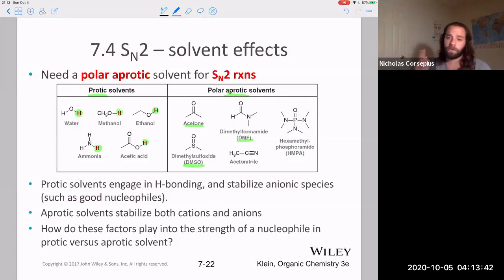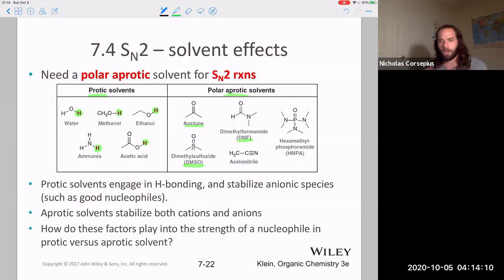And DMSO in particular. The reason is that DMSO looks a lot like acetone when you're first looking at it, until you remember that sulfur and carbon aren't in the same column on the periodic table. So if you go through and do the Lewis structure for DMSO, you will find that your sulfur, in addition to having that polar bond, also has this pair of electrons on it.